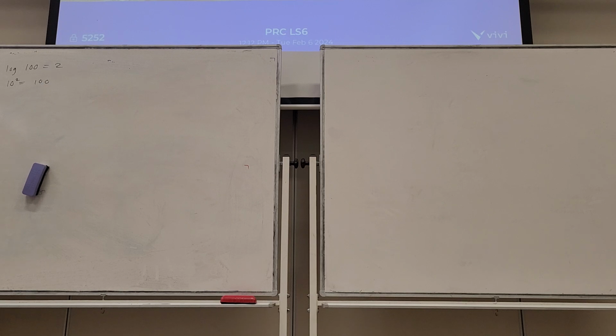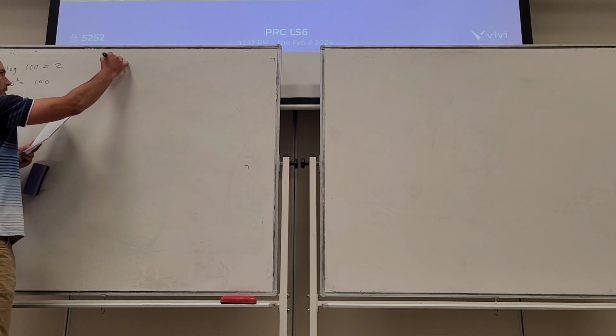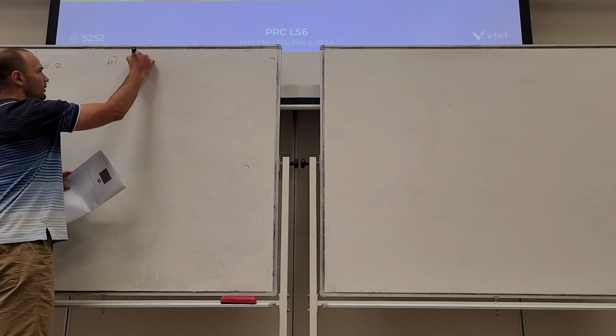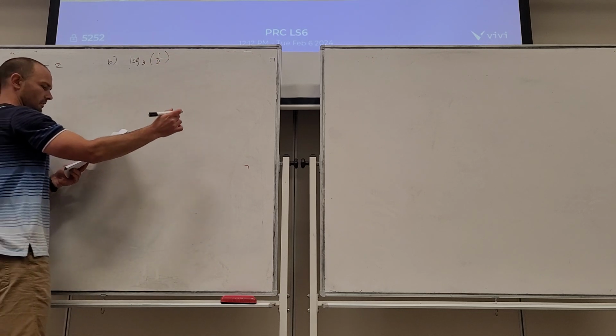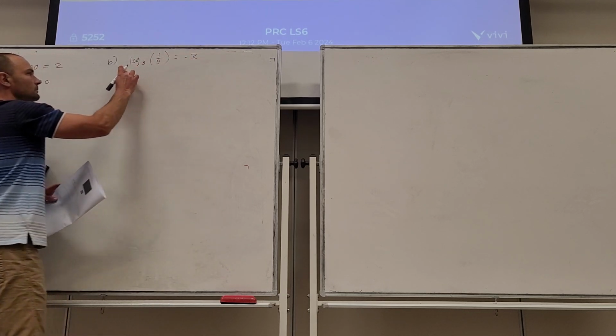That's our answer. We've moved from a logarithmic statement to an exponential statement. This logarithmic statement has implicit in it this exponential statement. On to B, we have log in base 3 of 1 on 9 equals minus 2.